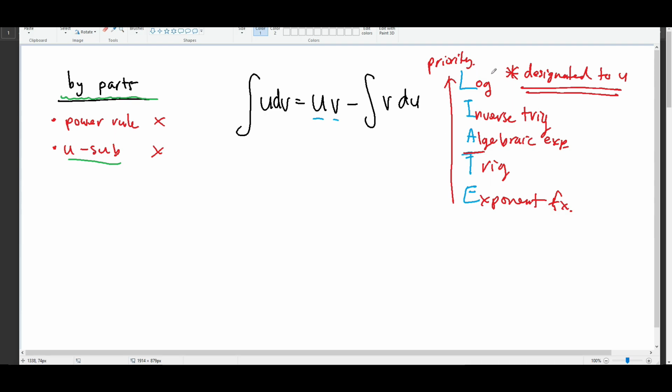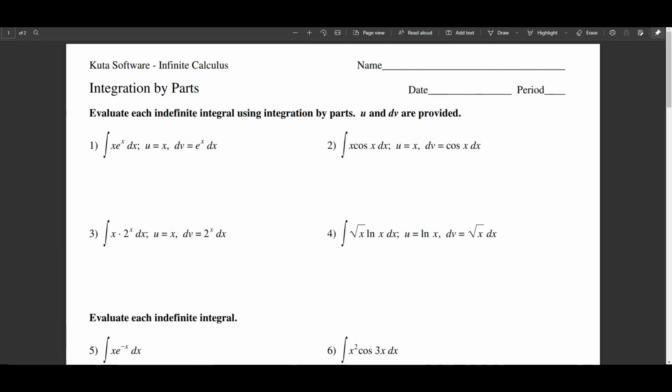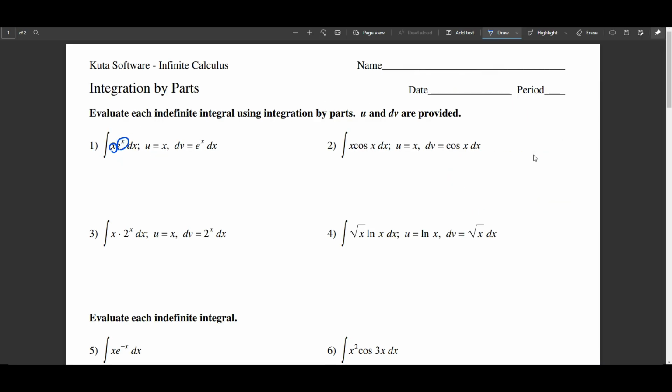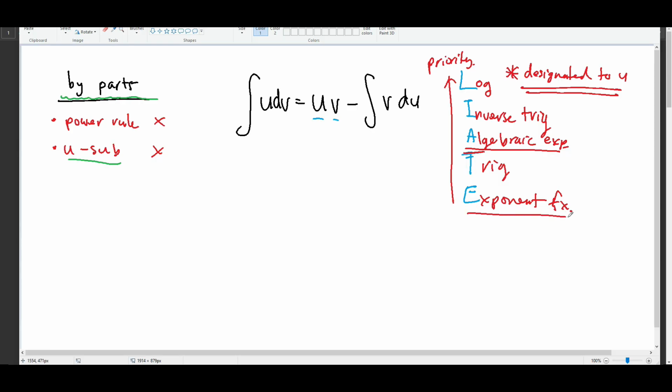Okay, so with that in mind, let's go into this question here. The first question that we have is the integral of x times e to the x. From our hierarchy here, x is going to be our algebraic expression, and e to the x is going to be our exponential function.